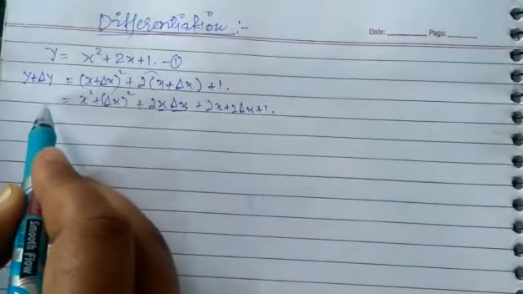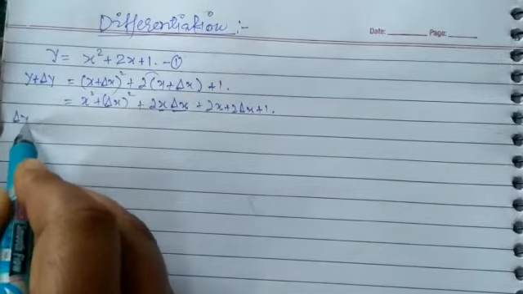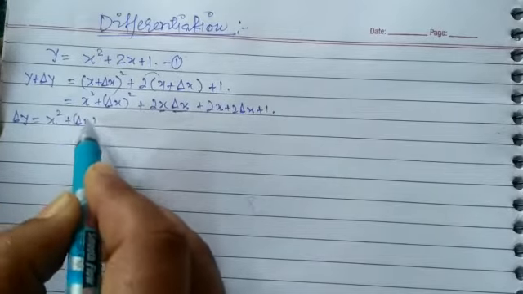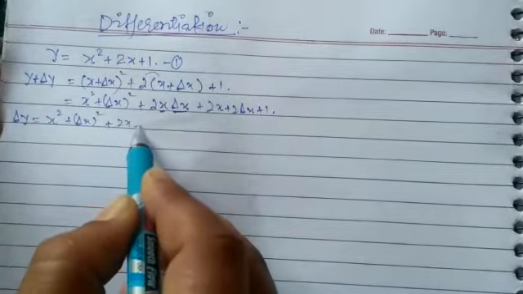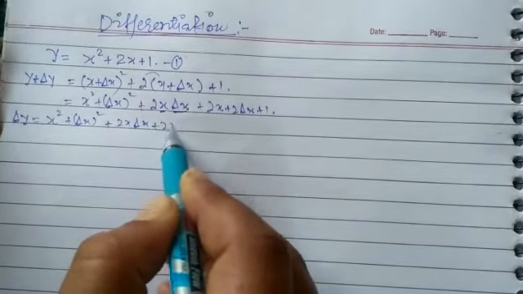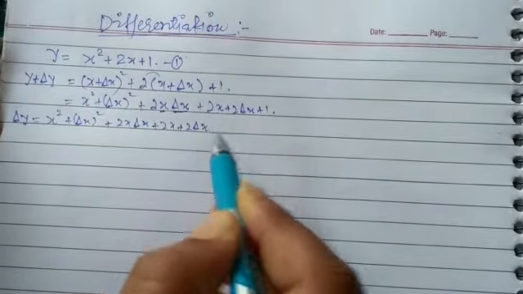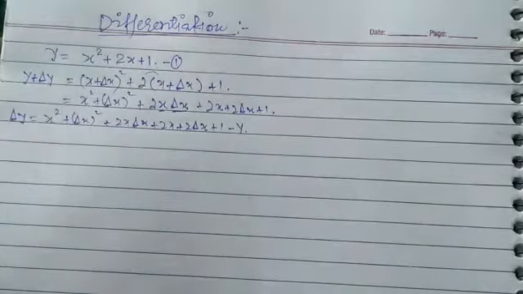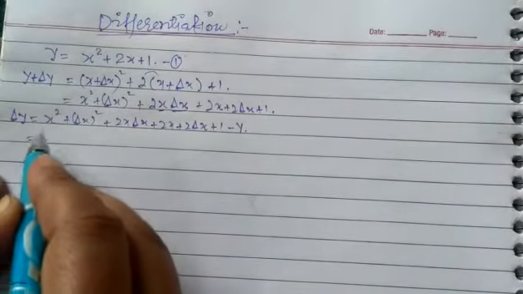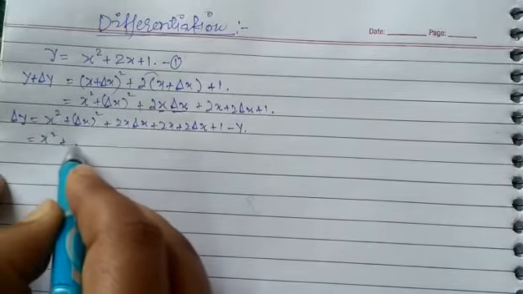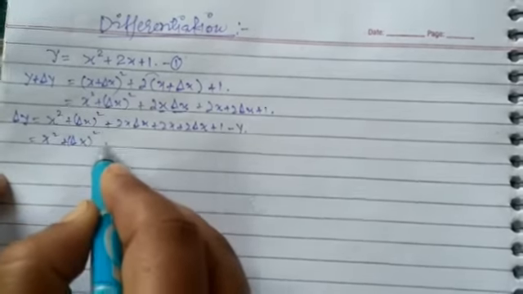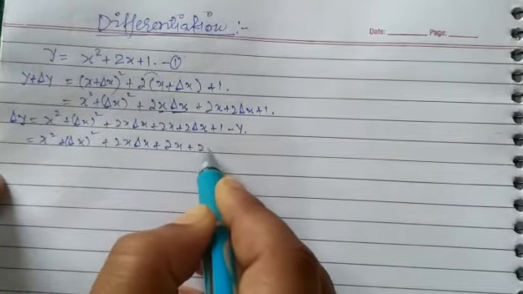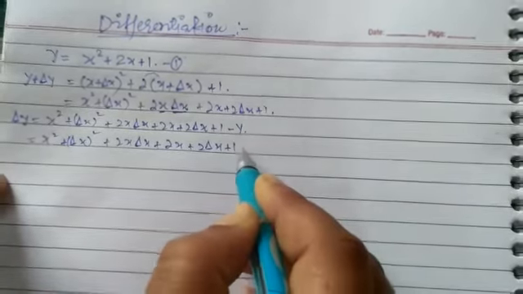Now this is y plus delta y. As usual, we have to find delta y. So delta y equals x square plus delta x whole square plus 2x delta x plus 2x plus 2 delta x plus 1, minus y.